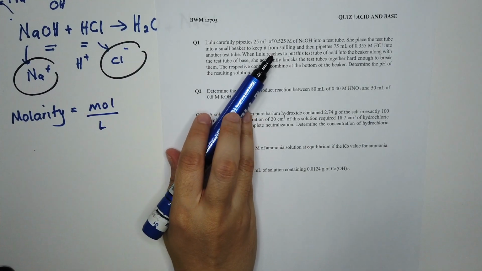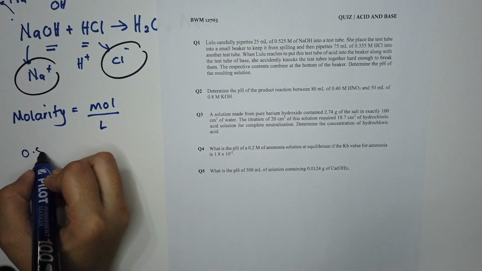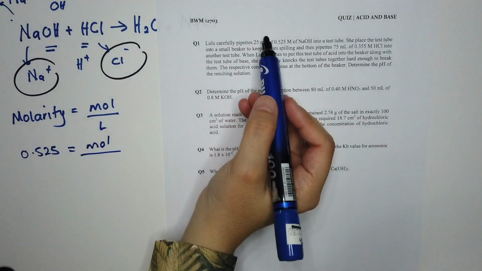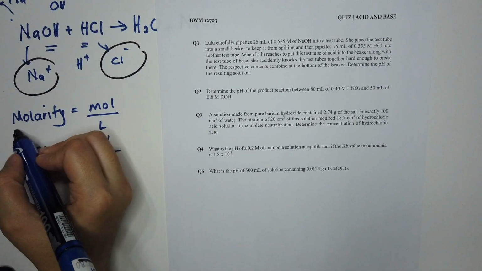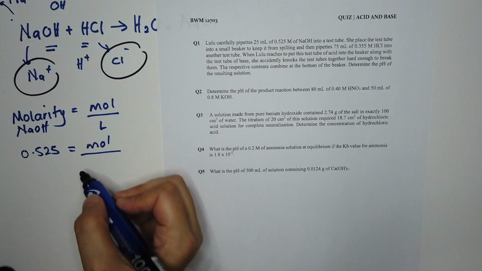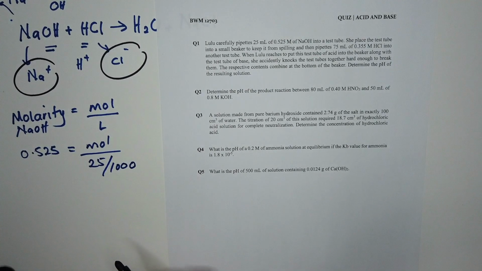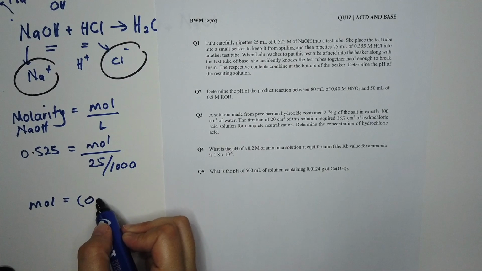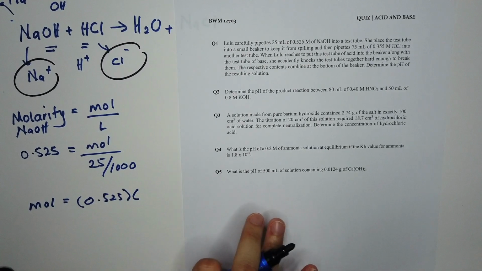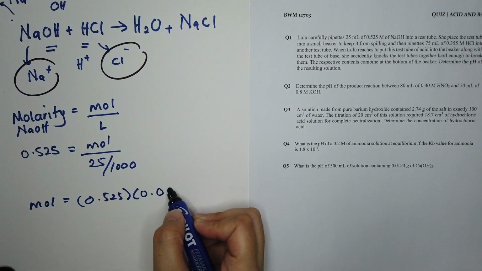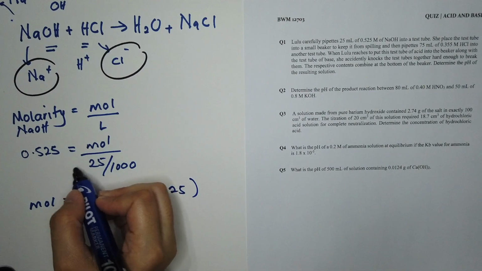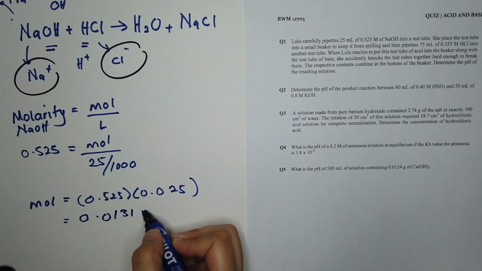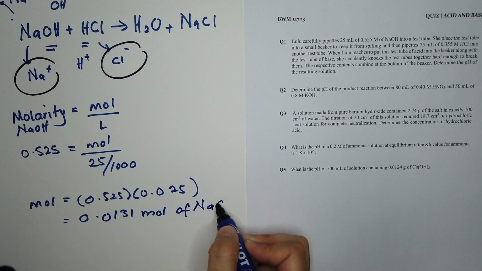The molarity is 0.525, the number of moles is what we are going to calculate, and this 25 ml you need to convert to liter, so 25 divided by 1000, which is 0.025. So the number of moles is 0.525 times 0.025, which is 0.0131 mole of sodium hydroxide.